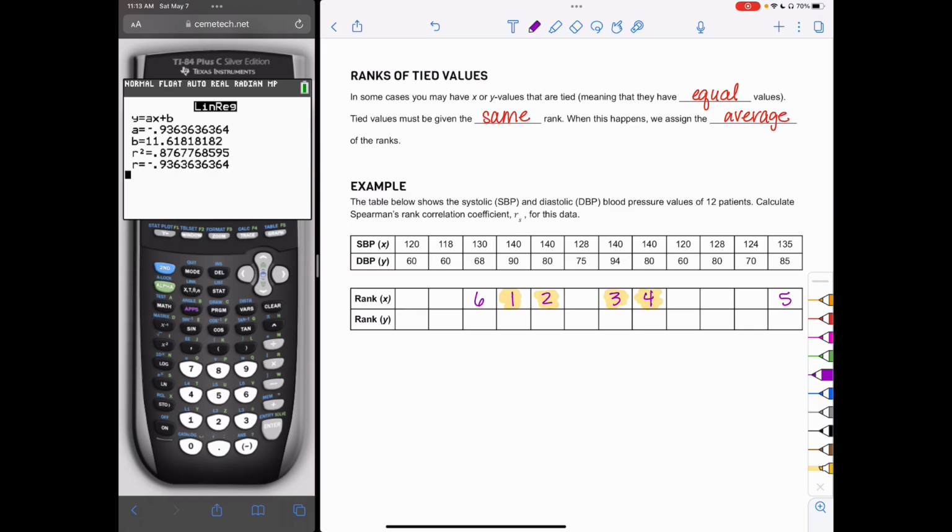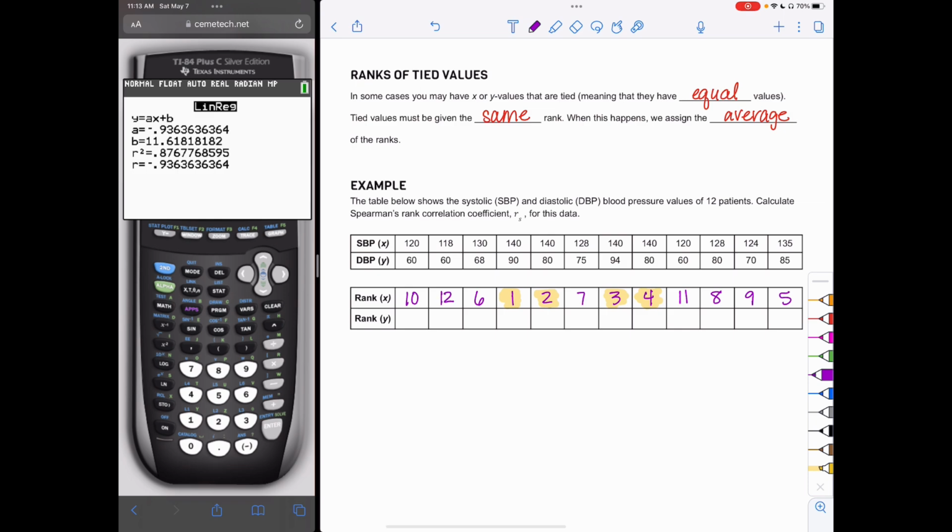Then we have rank 7 and rank 8 as 128. And then we have rank 9 as 124, rank 10 as 120, rank 11 is also 120, and then we have rank 12 here as 118.